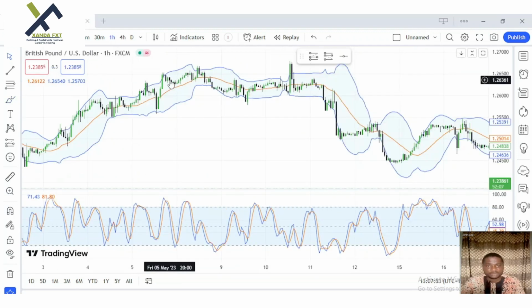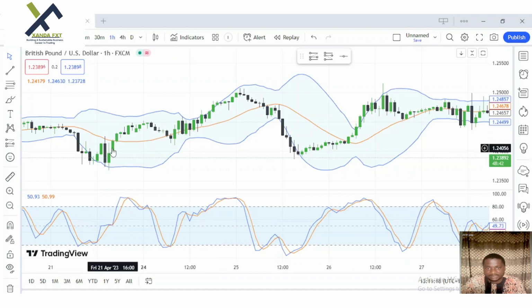The second thing I want you to pay attention to is this. Pay attention to the candlestick pattern that is formed at the upper or the lower band. It determines if there is going to be a reversal in that price movement or if it will still continue. Okay, are you with me? Now, let's look at this activity here. You discover that this particular trend has been riding on the 20 moving average. You see, riding on the 20 moving average.